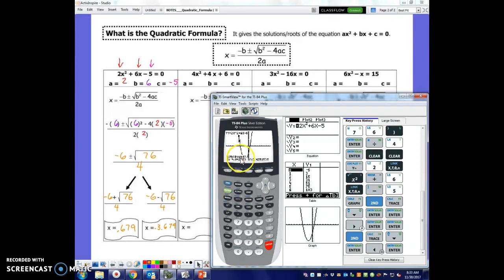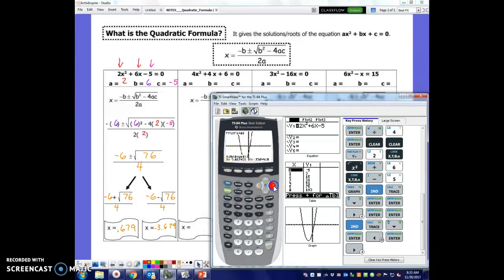Then it says right bound. So we go to the right side. Hit enter. It says guess. Hit enter again. And it says negative 3.679. Is that what we got? Yes. So you can still find your answers that way, especially on the quiz tomorrow, possibly. And this is how you do the quadratic formula.